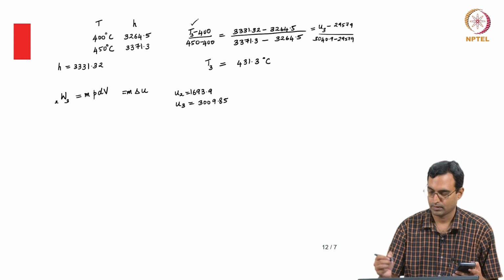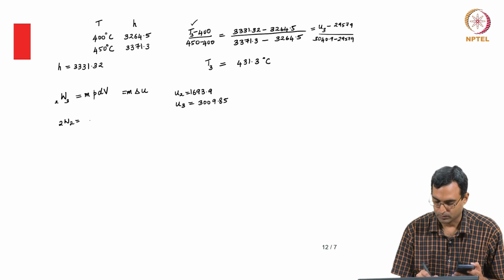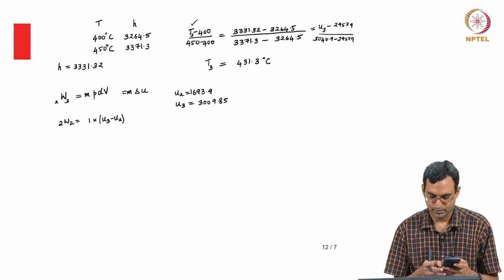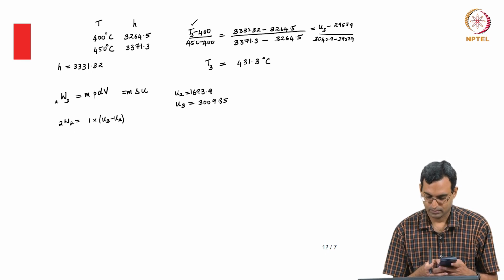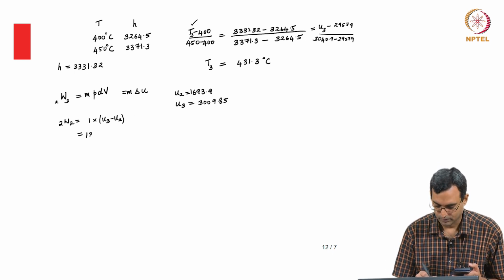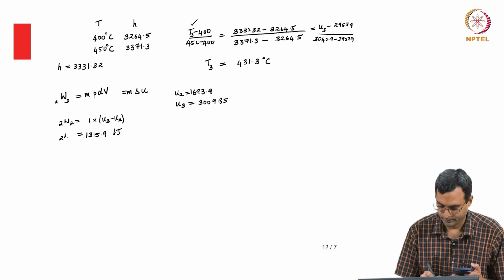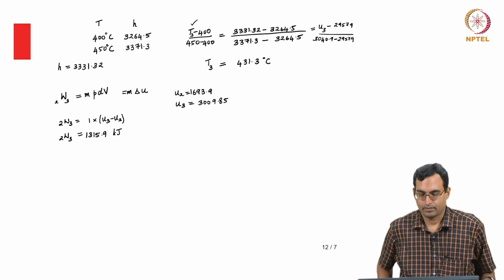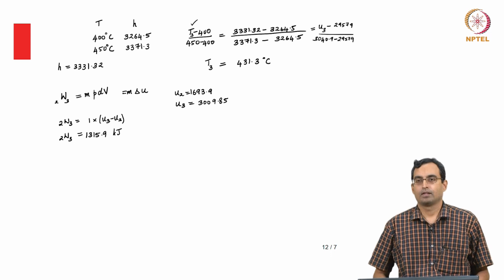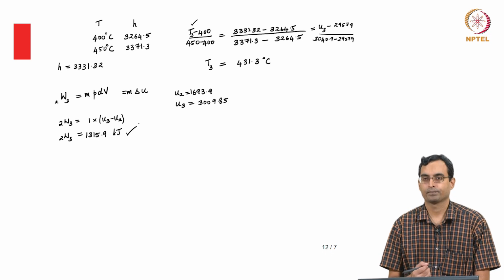T3 is now known, and the work interaction is mass into u3 minus u2. u3 is this, u2 is this, which gives me a value of 1315.9 kilojoules.